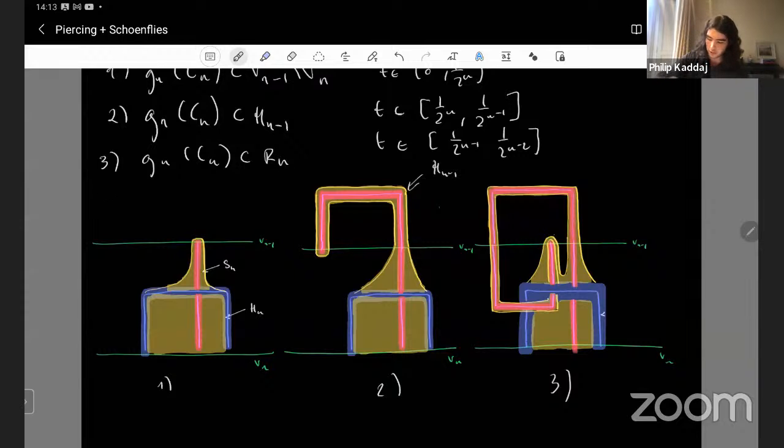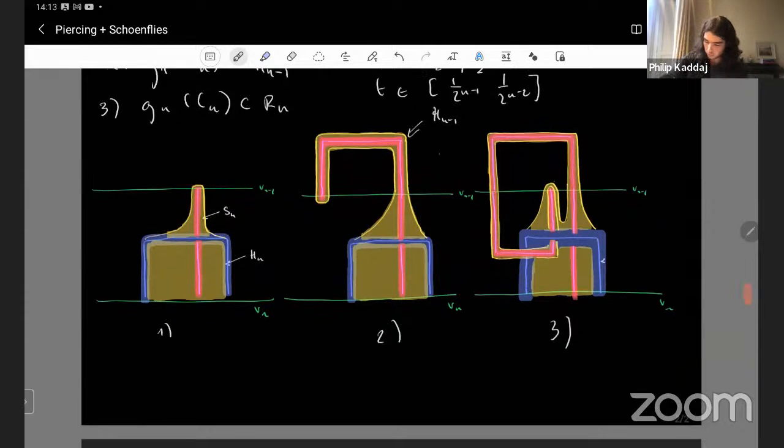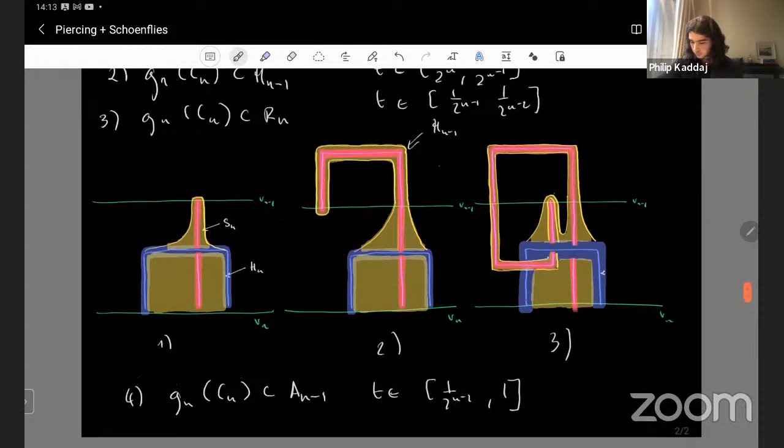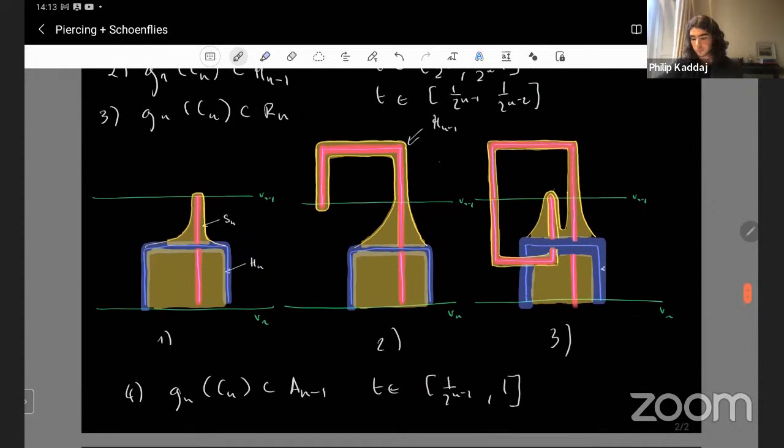And then the last one, well, I don't draw this because it's quite complicated, but it's just we continue going along a_{n-1}. So a_{n-1} is the arc that kind of comes out here, that's tame.